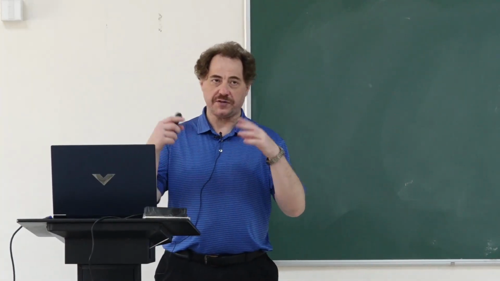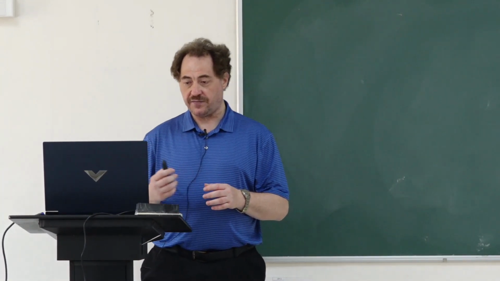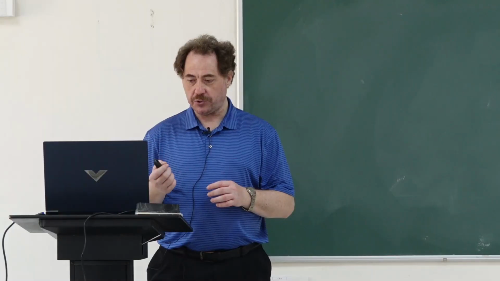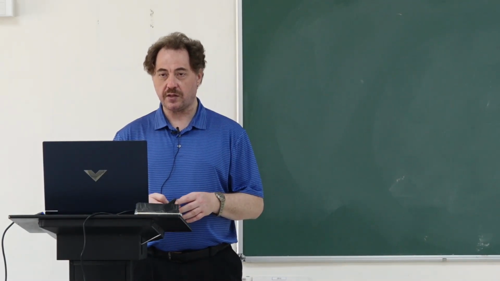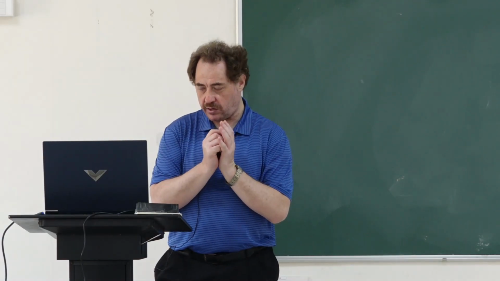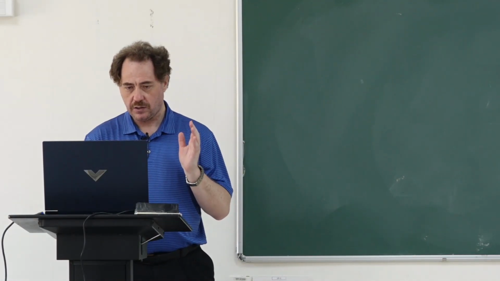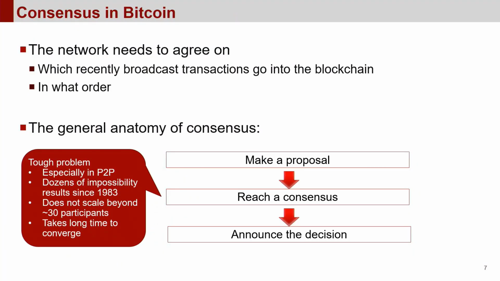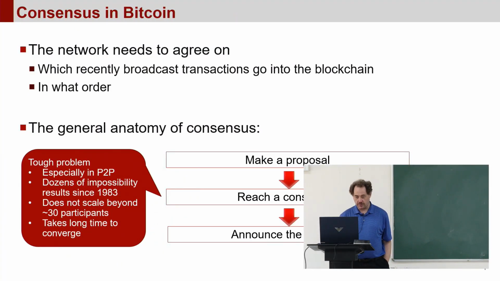All right, so how do we reach consensus? The general anatomy of all consensus solutions is like this. Someone needs to make a proposal, everyone needs to reach a consensus, and then, of course, the decision needs to be announced and needs to reach everyone. The problem, however, is that reaching a consensus is a tough problem, especially in an uncontrolled environment without any entity controlling the outcome.